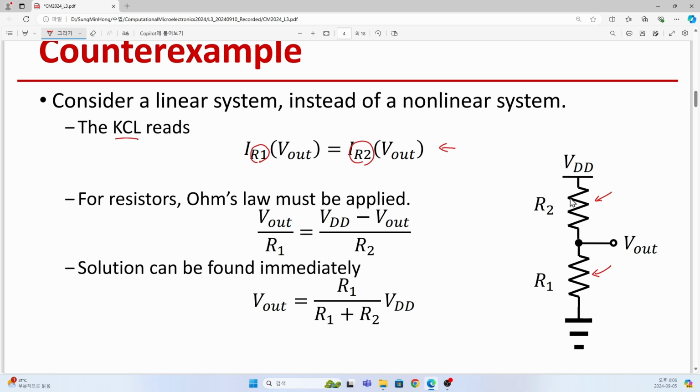So, sorry about this different notation, but in this case, we have made a direction of current in this way, R1 current, and this is R2 current. So they are not unified in their current branch notation. One is escaping and one is entering into the node.